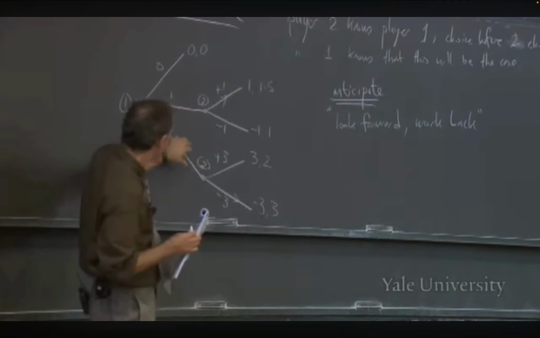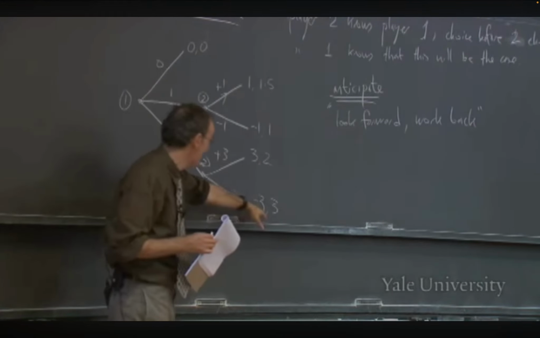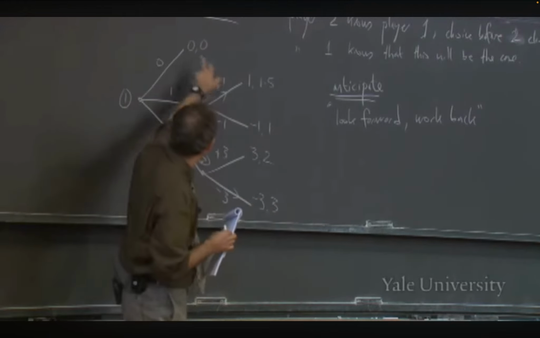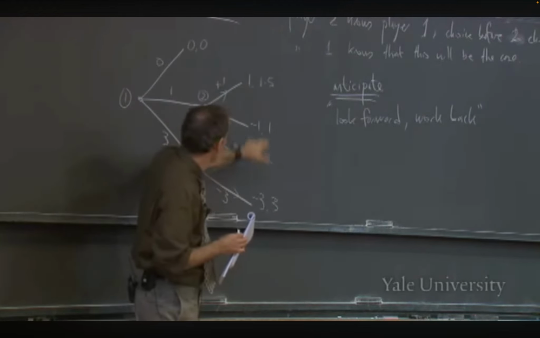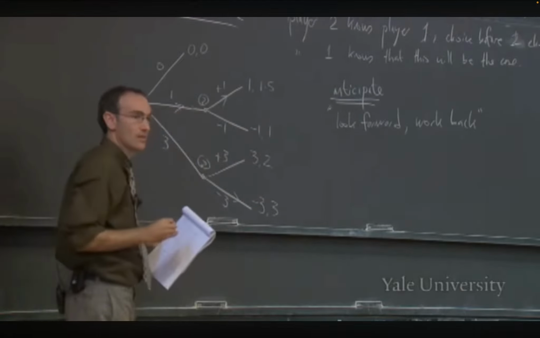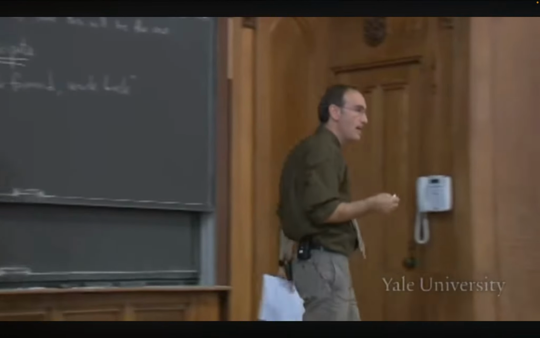And if she puts in 3, then she knows player 2 will take the money and run, in which case our lender will have lost $3. So she's choosing between 0, 1, and -3, and she's going to choose 1. Which is exactly what happened in the game. Everyone happy with how we did that?